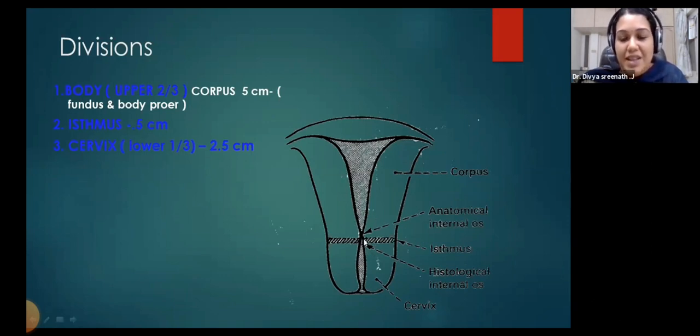The isthmus is the area between the anatomical internal os and the histological internal os. It is a very small area, almost 0.5 centimeter, and the lower portion is the cervical area, about 2.5 centimeter. Almost half of it is above the vagina, and half is within the vagina.